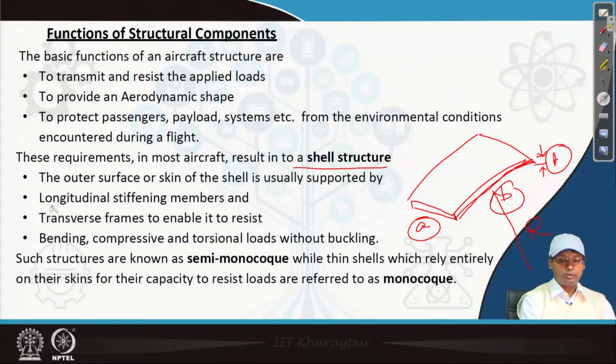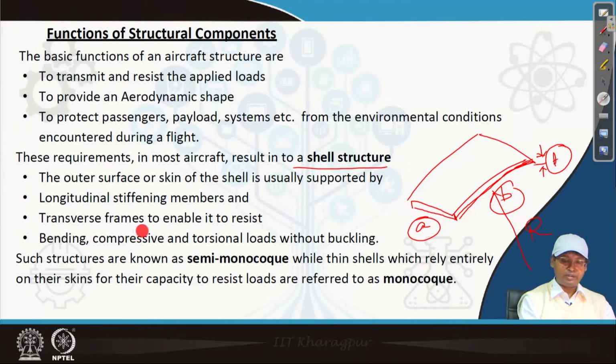The outer surface or skin of a shell is usually supported by longitudinal stiffening members and transverse frames to enable it to resist. So, what is there inside? We have seen the photographs many times, but we also need to see in more detail what is there inside. There are longitudinal stiffening members, there are transverse frames.